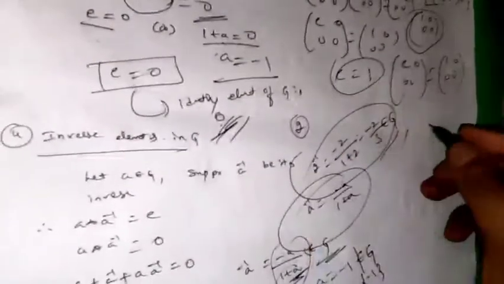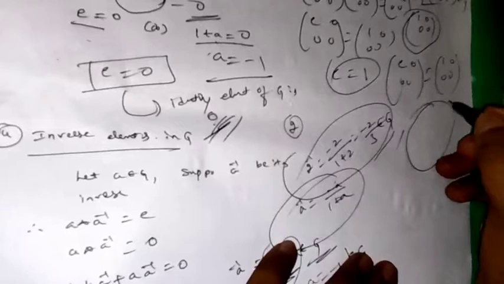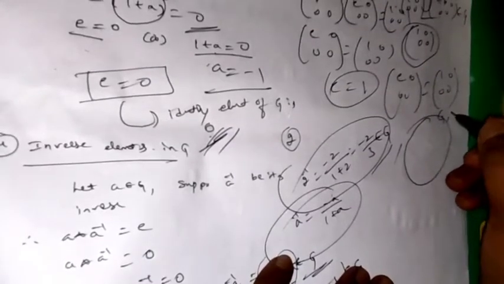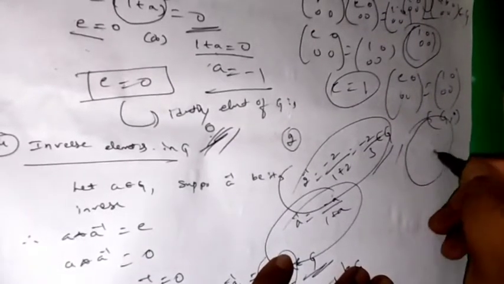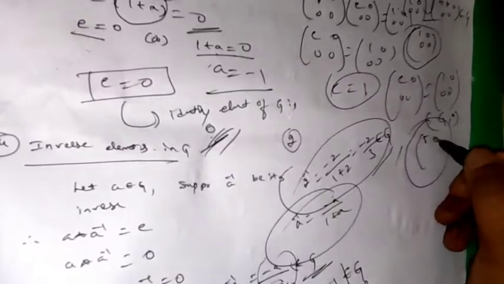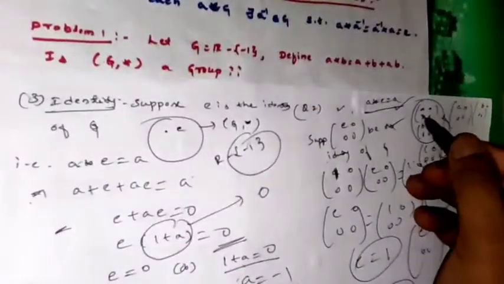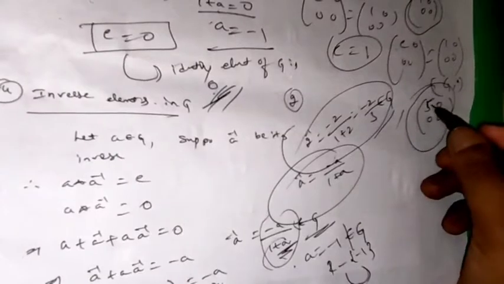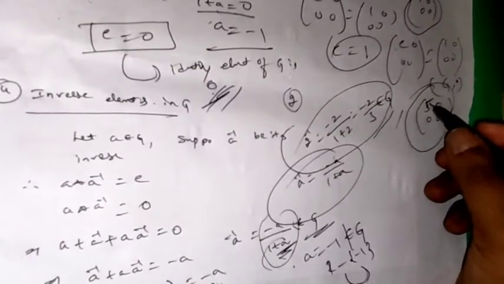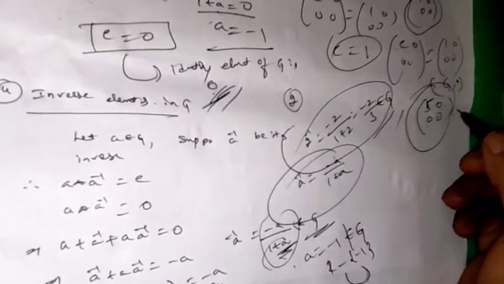Suppose we take another element in the group G, dot. In place of the general a, I am taking the element [5 0; 0 0].